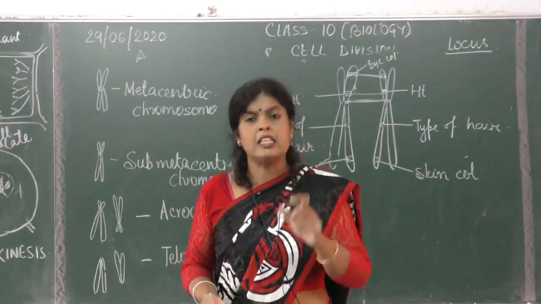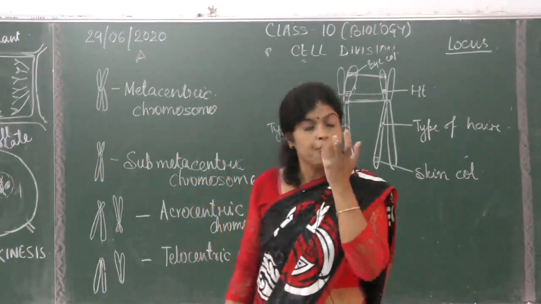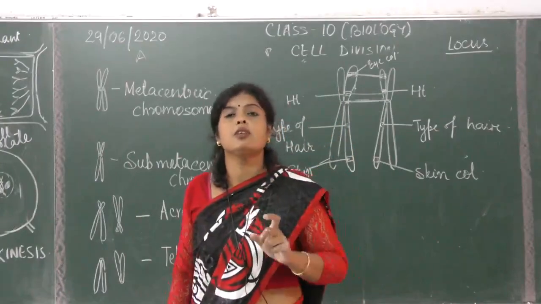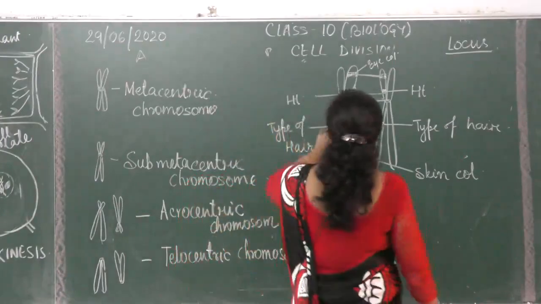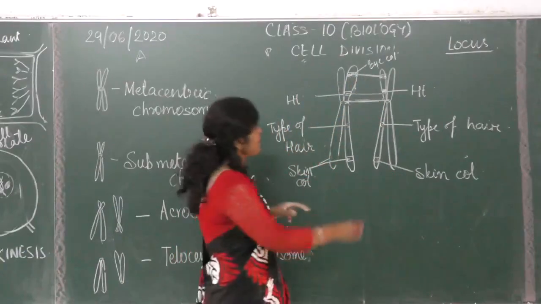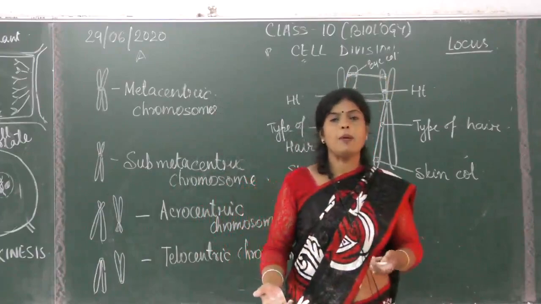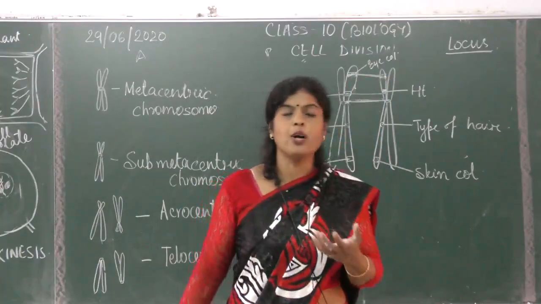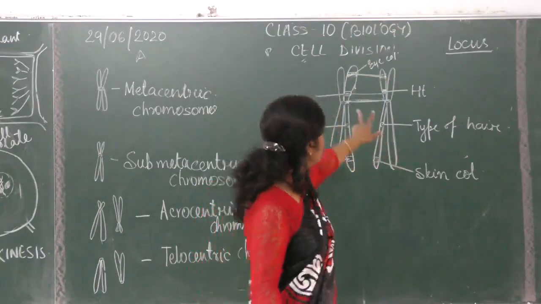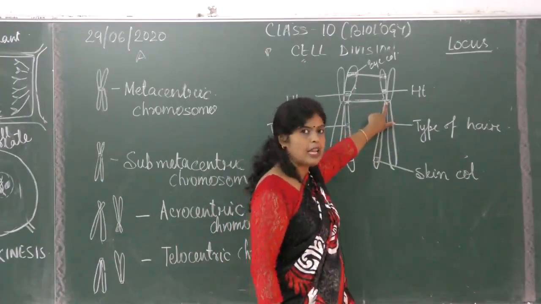So that physical position of the gene is known as the locus. Is it clear? So the genes controlling the same character should be at the same locus. So what do we know about homologous pairs of chromosomes? What do you understand about homologous? They should be having the centromere at the same location.